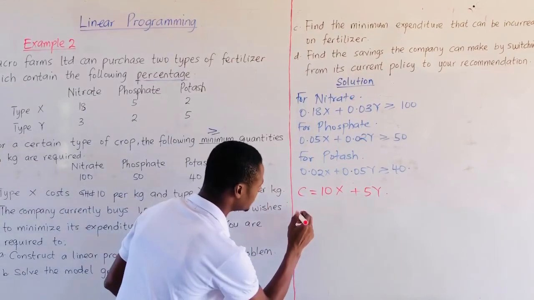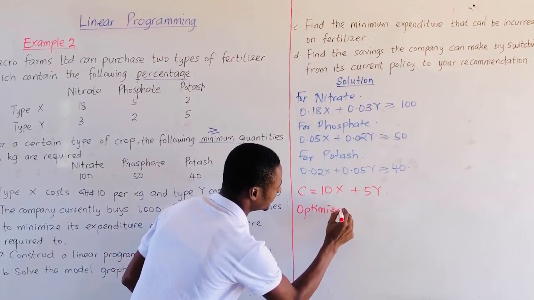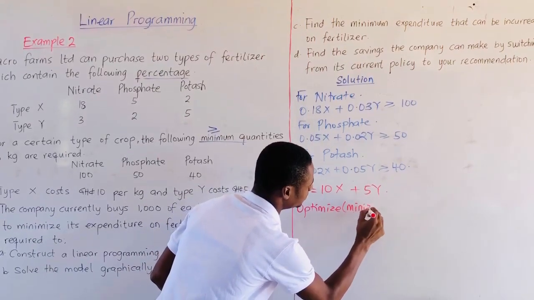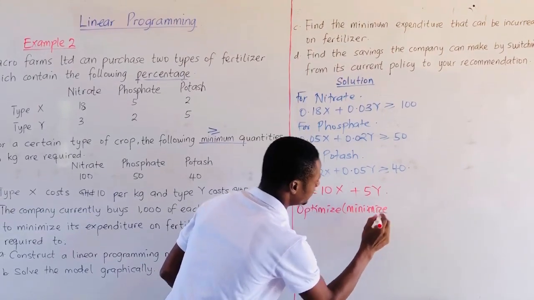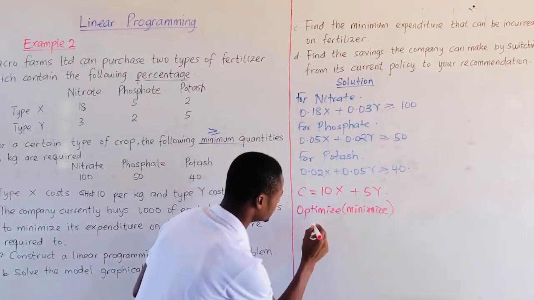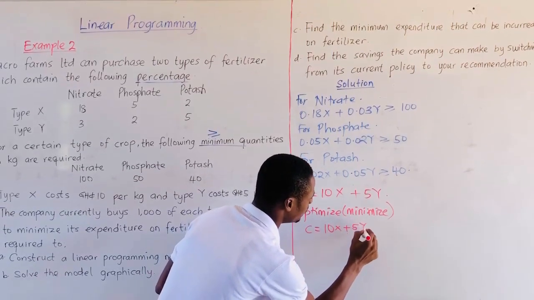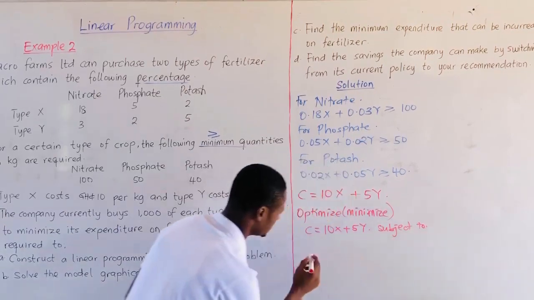So our work is to optimize, that is minimize this cost function C equal to 10x plus 5y, subject to the following constraints.